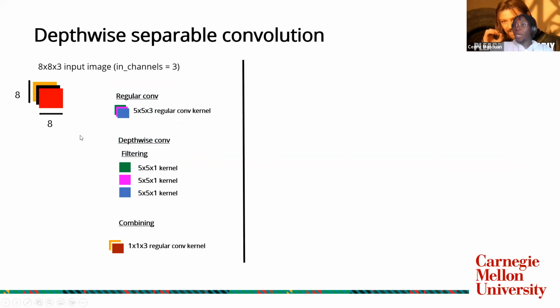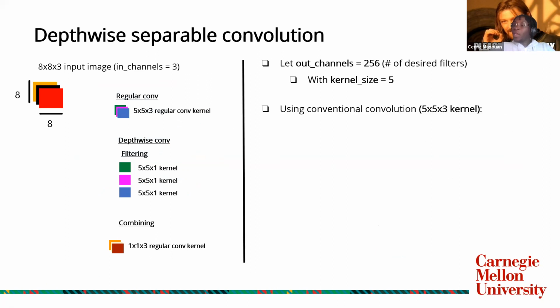We have this 8 by 8 input image with 3 channels. If we start with specifying the number of filters that we need, we desire 256 filters with a kernel size of 5. If you use your conventional convolution, you require this type of kernel: a 5 by 5 by 3, which is the number of channels.